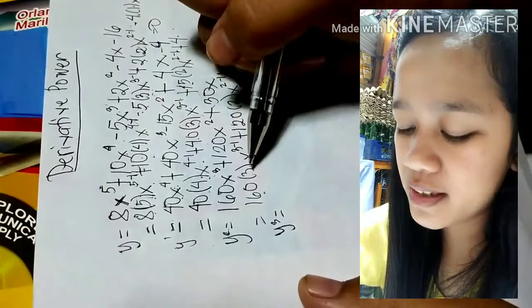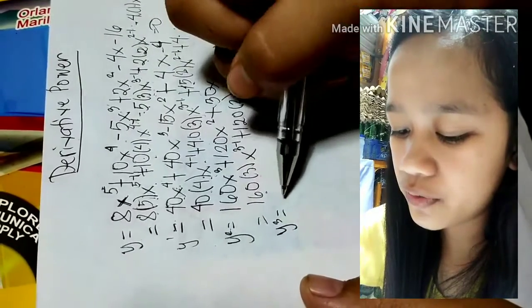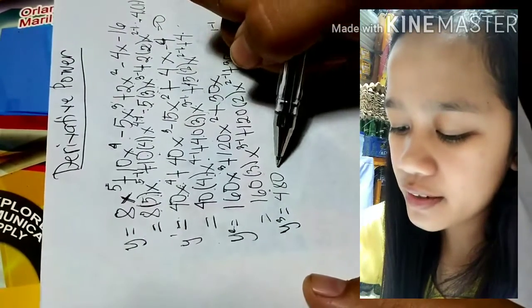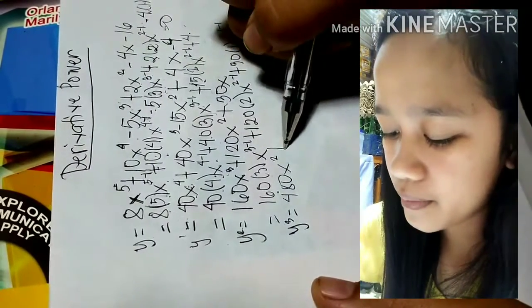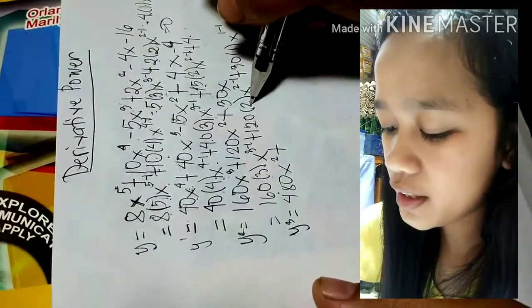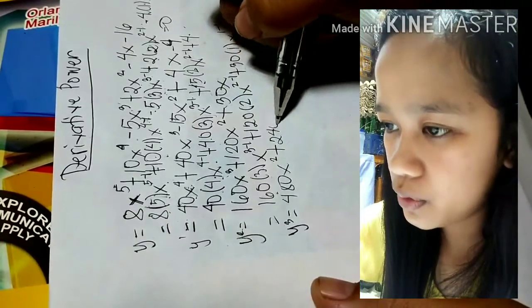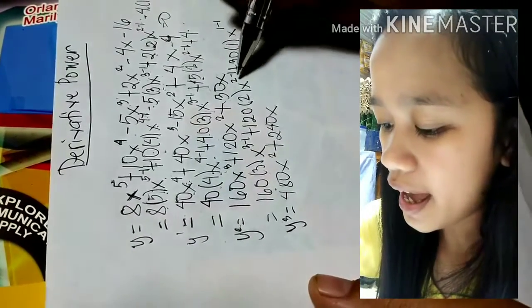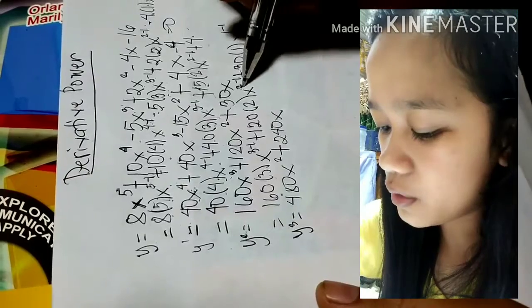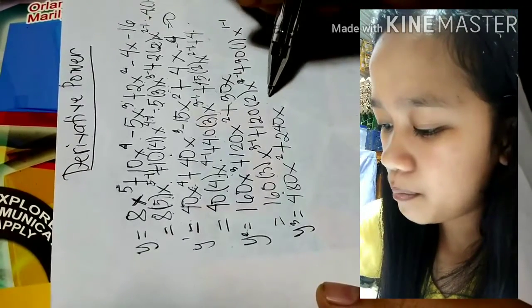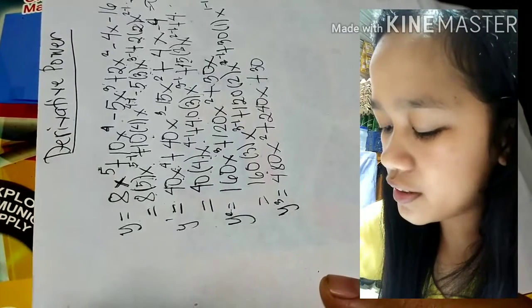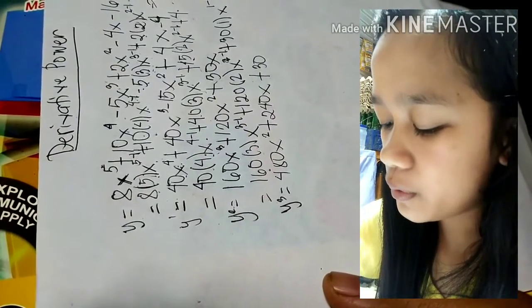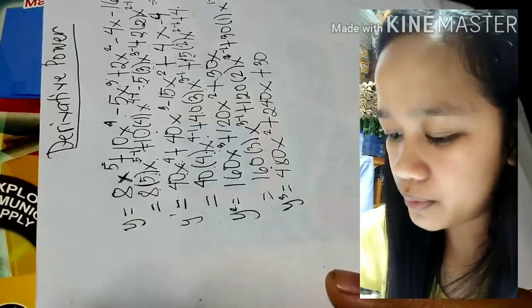So 160 times 3 equals 480, x cubed minus 1 equals x squared. Plus 120 times 2 equals 240, x squared minus 1 equals x, plus 30. So the 30 is now a constant, so it becomes 0.